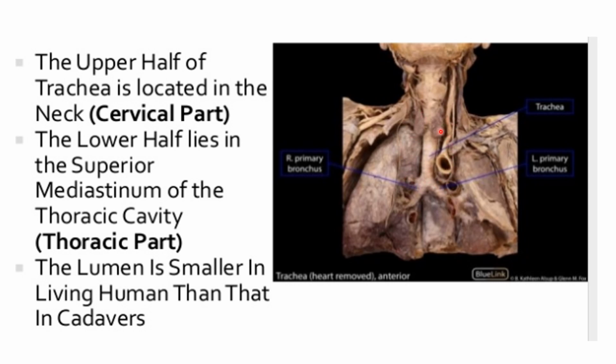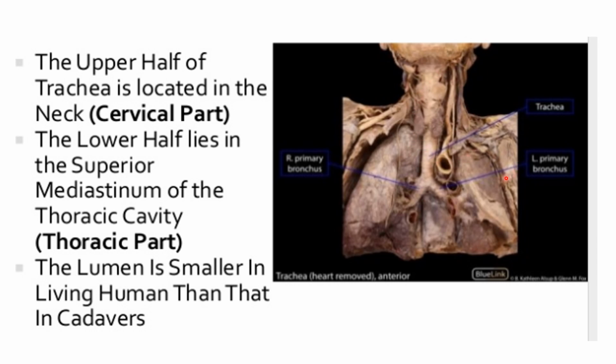Now the lumen of the trachea is smaller in living humans than in cadavers, because the diameter increases in cadavers due to the relaxation of the posterior smooth muscle. The trachea posteriorly is lined by a muscle known as the trachealis muscle.